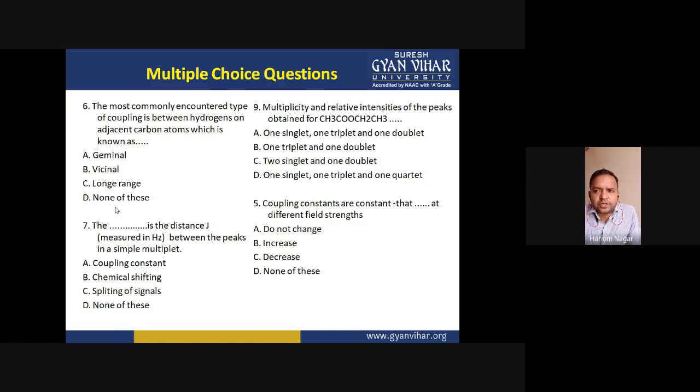Now the next question: multiplicity and relative intensities of the peaks obtained for CH3COOCH2CH3. For this compound, what will be the multiplicity and relative intensity of the peaks?